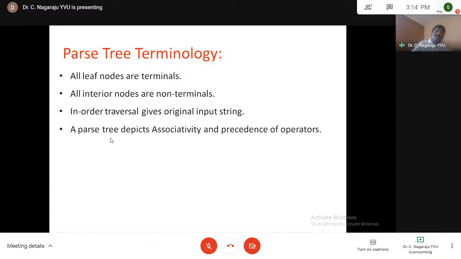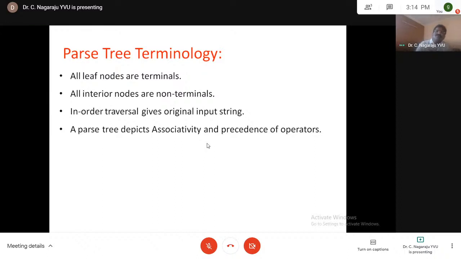A parse tree depicts the associativity and precedence of operators. After constructing the parse tree, it obeys the associativity and precedence of the operators. Precedence means which operator will be executed first within the expression. We have already studied this in C programming.